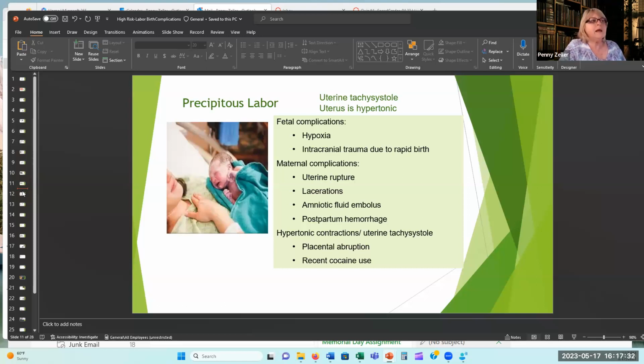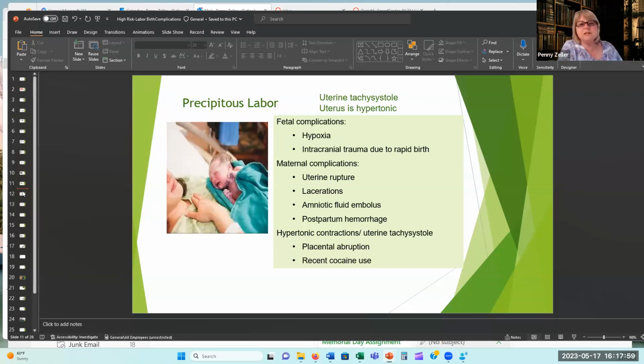Complications: possible hypoxia because of the quick descent. Intracranial trauma. It's not a slow movement. Uterine rupture, lacerations to mother, amniotic fluid embolus, postpartum hemorrhage.